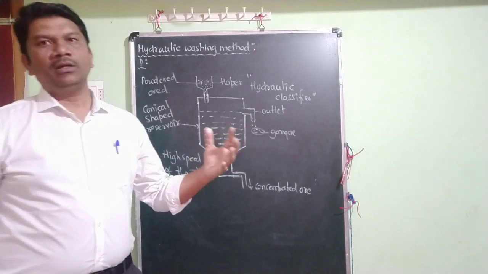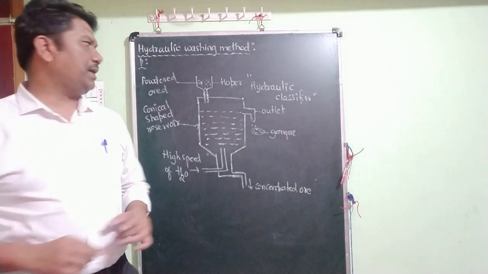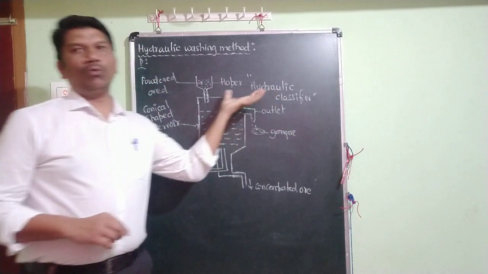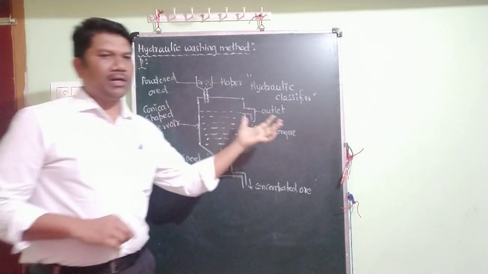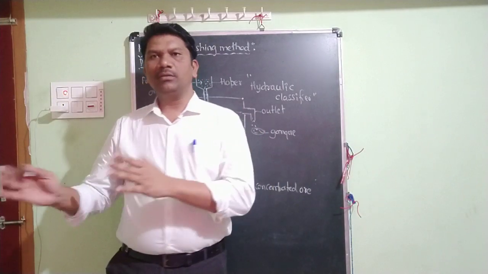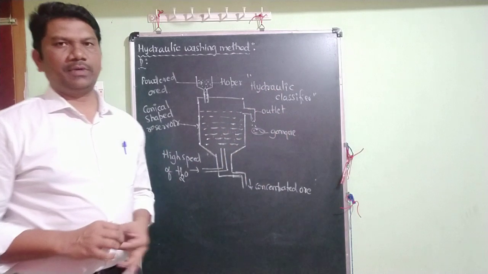It separates the metallic particles, that is ore particles, and the ganj particles. Hydra means water. So by using water, it separates the ganj particles and the metallic ore particles. Therefore it is called a hydraulic classifier.